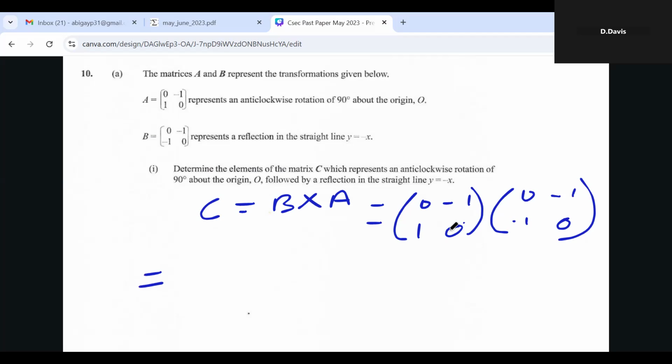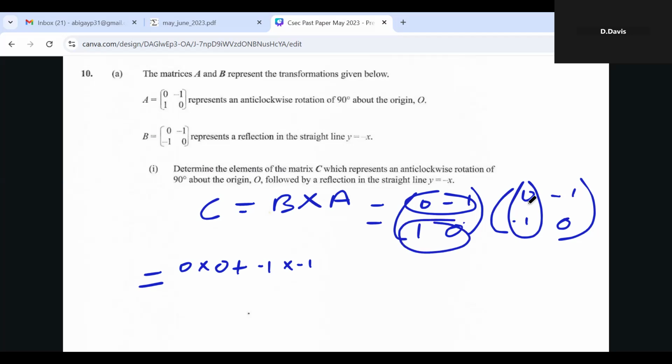So the first row times the column. Well, we can do this in our heads, right? Or you want me to write it out? All right, let's just write it out. So 0 times 0 plus negative 1 times negative 1. Okay.